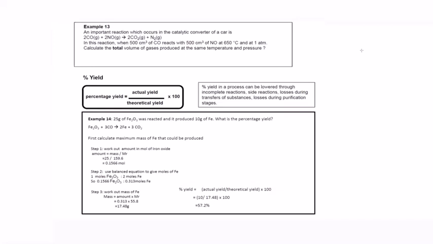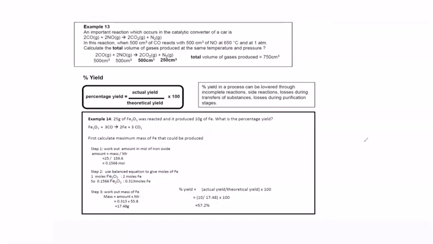Example 13. What could be the answer for this?